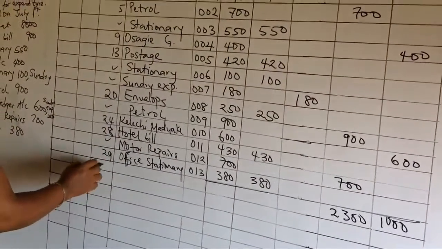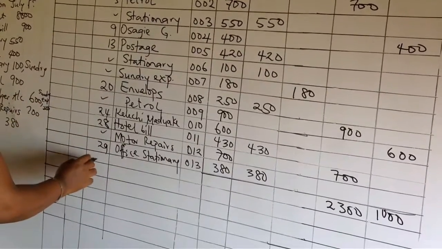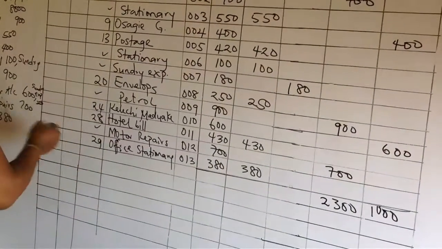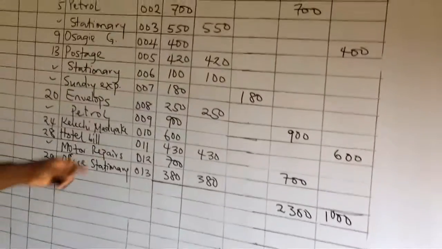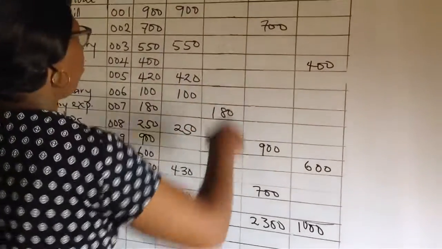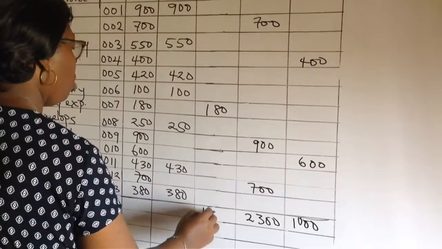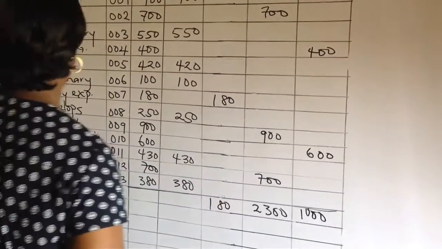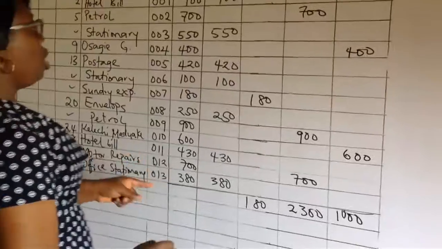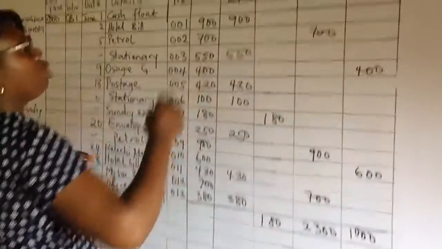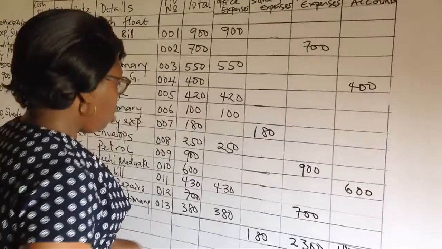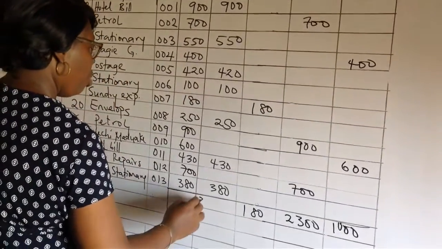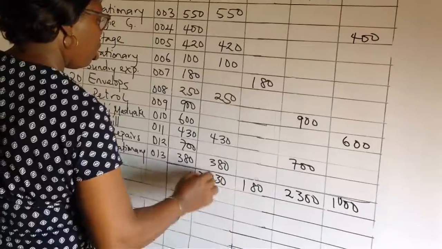You can still post it. Let's work without that. So for the sundry expenses, you have 180. For Kelechi Madueke, then you add office expenses together, you have 3,300.